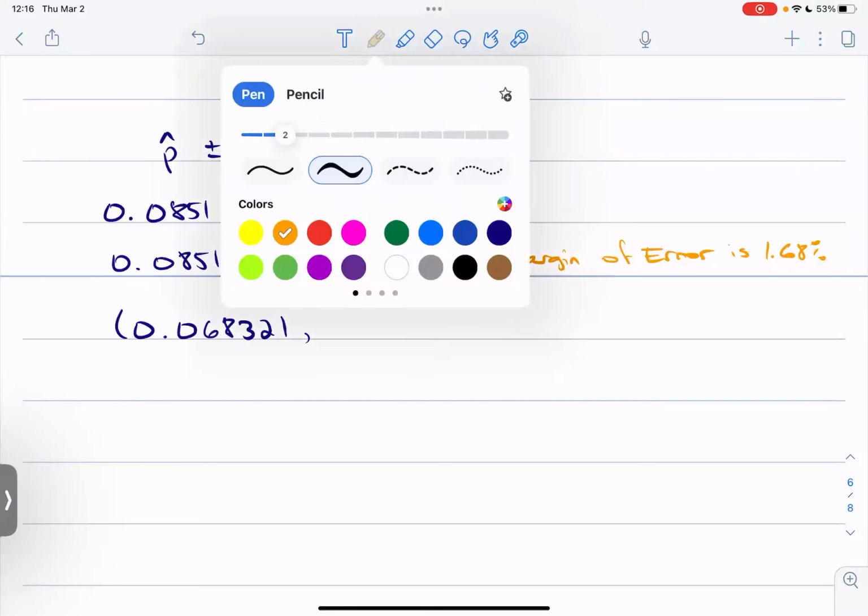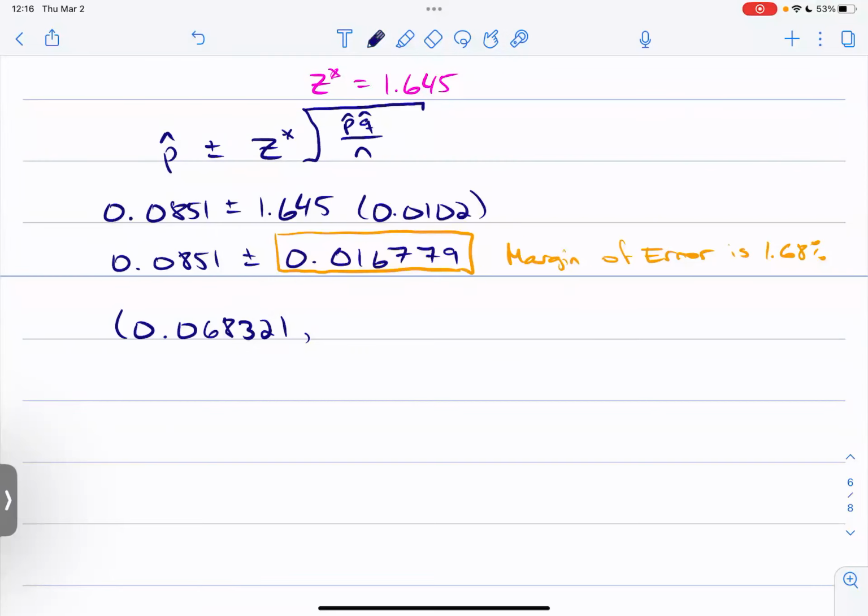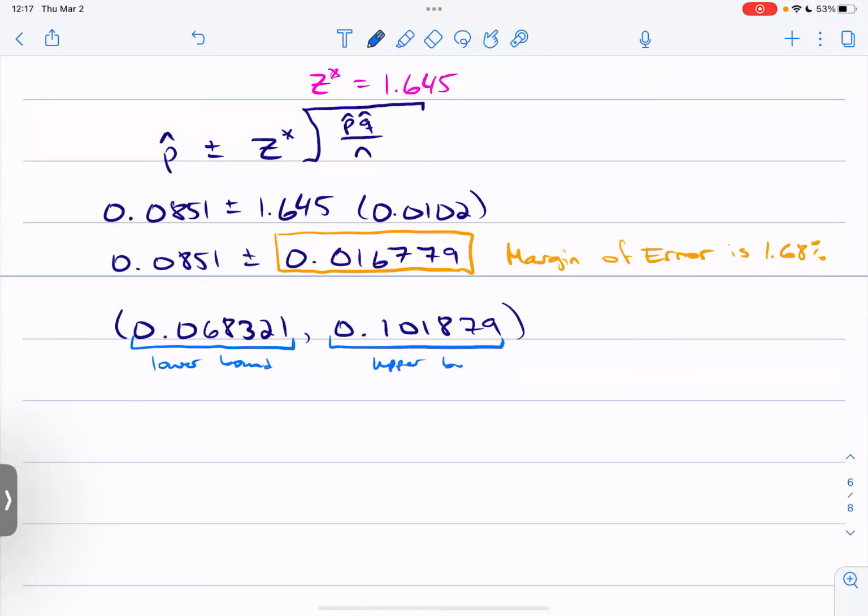And so if we add the two, I get 0.101879. Okay, so make sure you're using round brackets, separated by commas or 1 comma. This is your lower bound of the interval, and this is your upper bound of the interval.